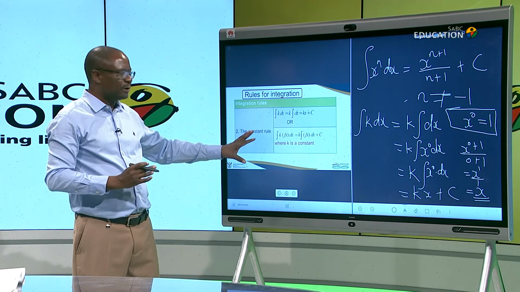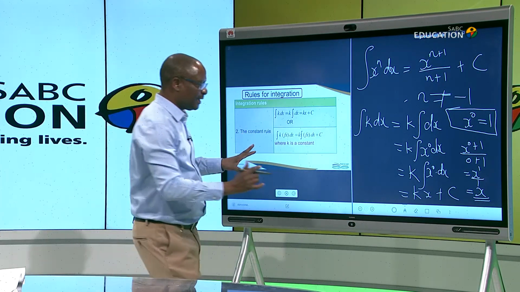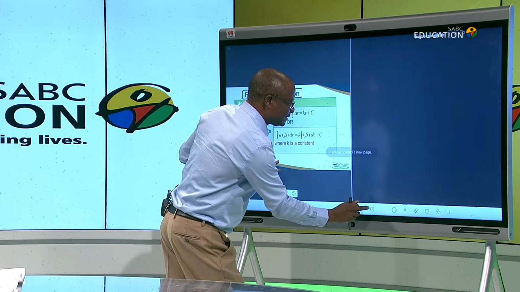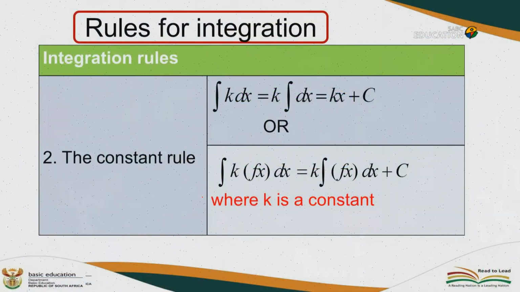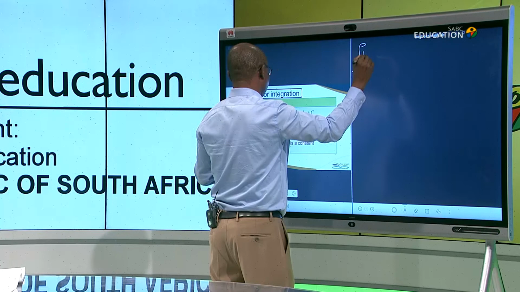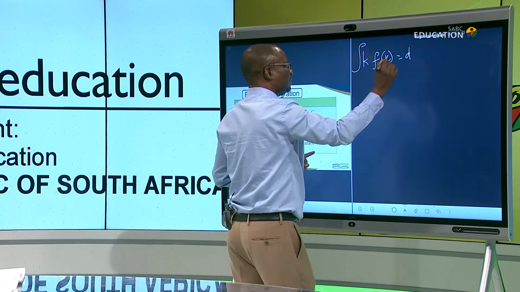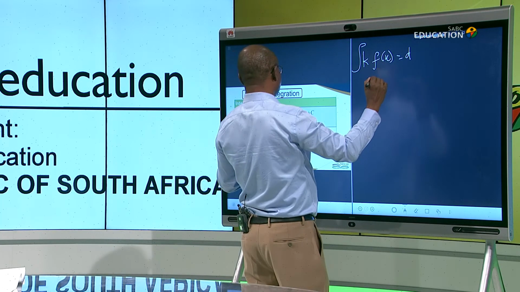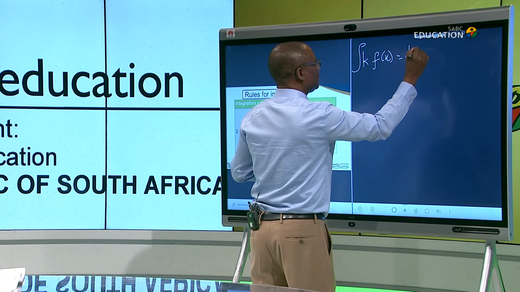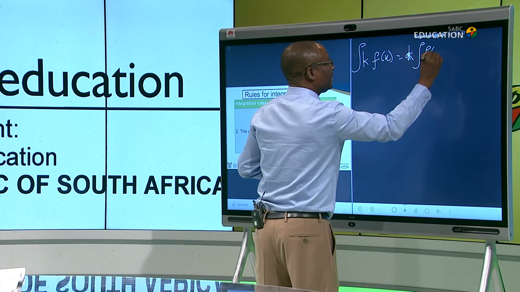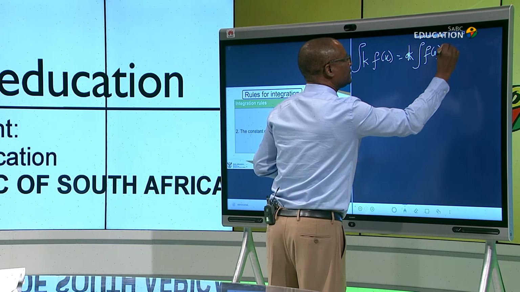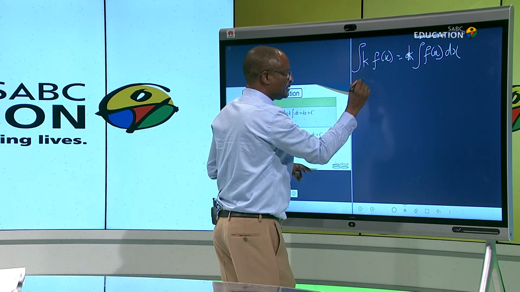But still on the constant rule, we also have another type of pattern that can arise. Here we have the integral of k f of x equals k integral of f of x dx. Let's give an example.